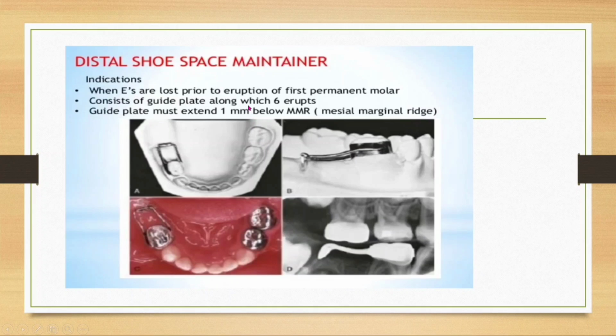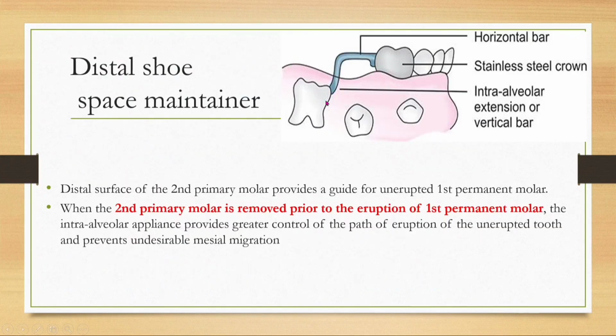So if it is extracted at the age of 5, this molar will come to the space of E. So when this premolar comes to this space, it will get impacted. There will not be any space for this premolar.